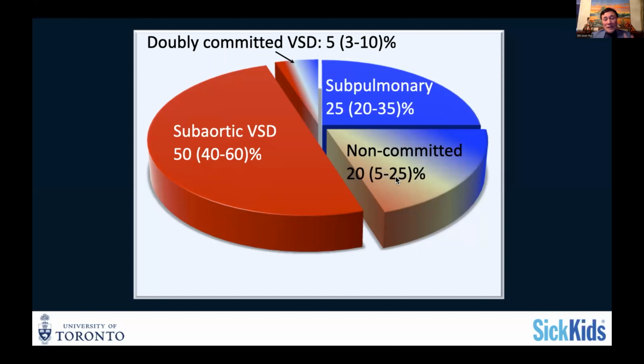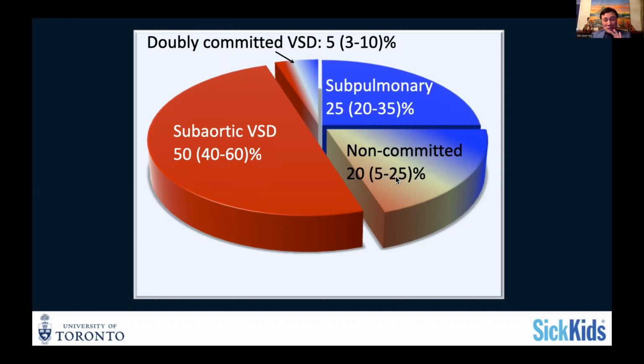They say if the distance from the upper margin of the VSD to the nearest semilunar valve is larger than the aortic valve annulus, that is called a remote VSD, non-committed VSD. However, that definition should be modified a little bit. How? If the aortic valve is small, that simple definition wouldn't work.